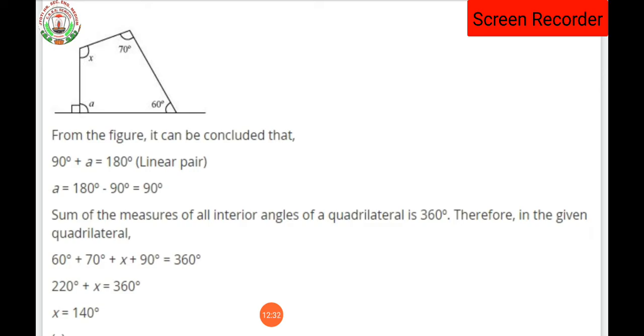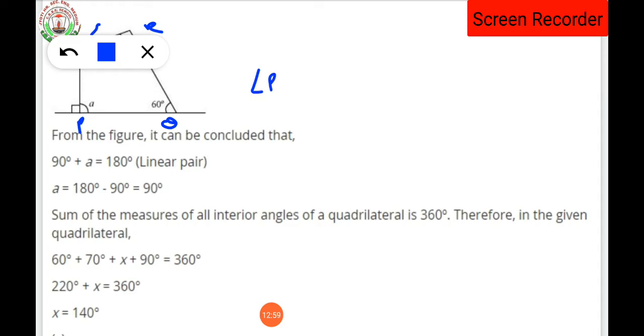And as we know, the sum of the measures of all interior angles of a quadrilateral is 360 degrees. Therefore, you can give the names A, B, C, D, or P, Q, R, S to the figure. Here we write P, Q, R, S, isn't it?